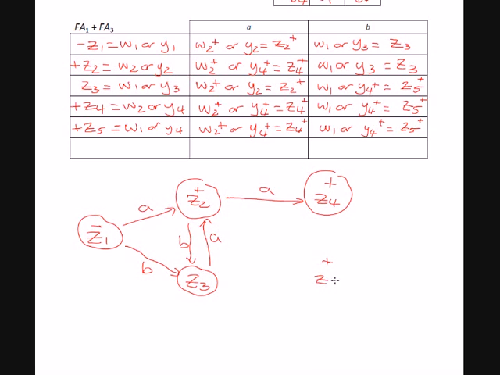So let's create our final state Z5. And that's if we read a B. In Z4, if we read an A, we stay in Z4. And in Z4, if we read a B, we go to Z5.